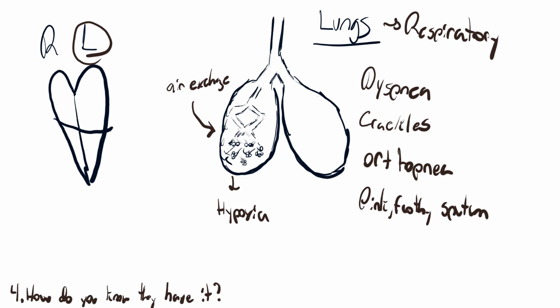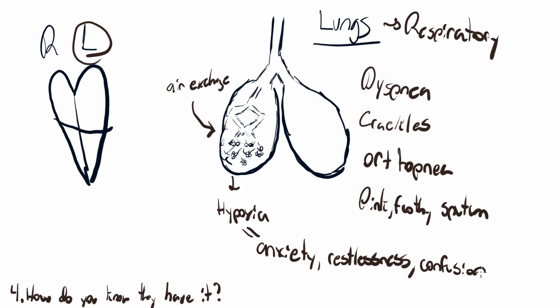When you don't have enough oxygen circulating, you're going to have anxiety, right? You're going to have patients who are anxious, restless, and eventually, in really bad situations, you're going to have confusion, altered mental status because of this decreased oxygen.